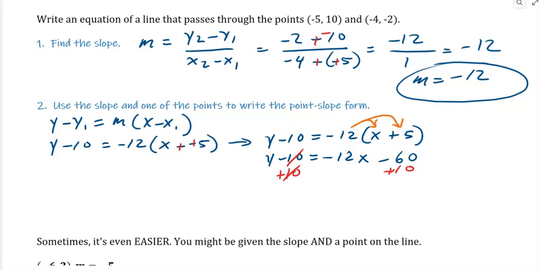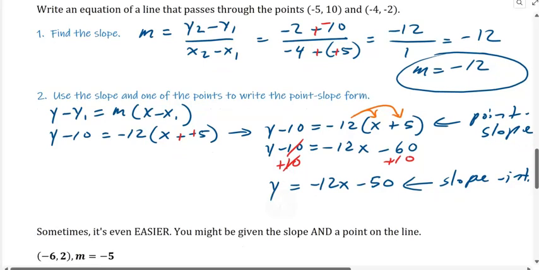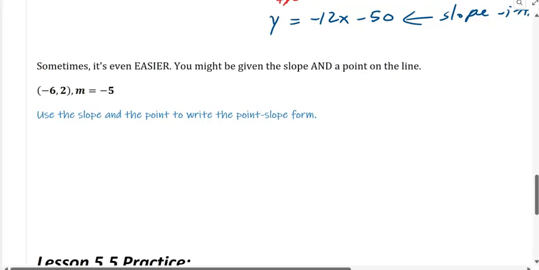Those cancel out. And in slope-intercept form, I get y equals negative 12x minus 50. So here we had point-slope, and here we have slope-intercept.